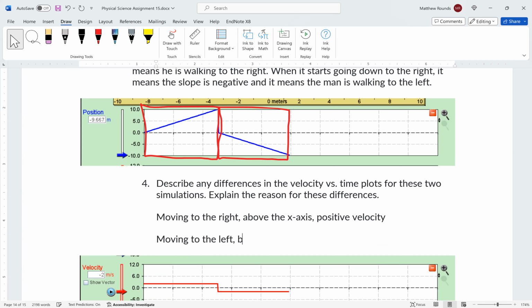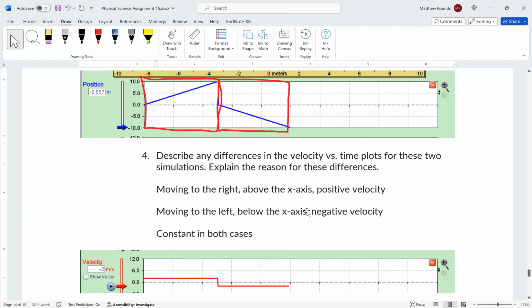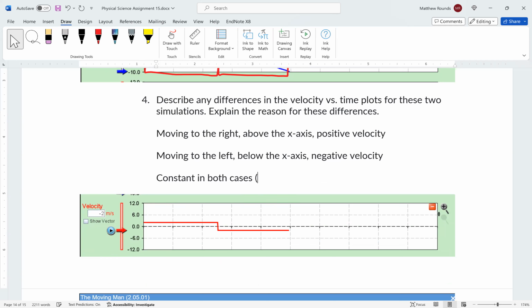Moving to the left, it's below the x-axis, negative velocity. You want to also indicate that it's constant in both cases. Constant just means that it's horizontal.